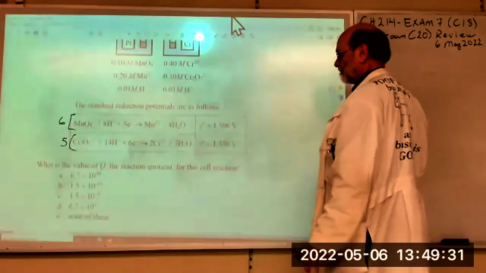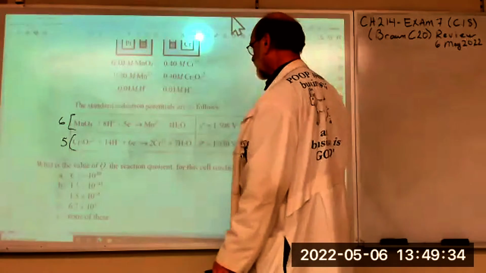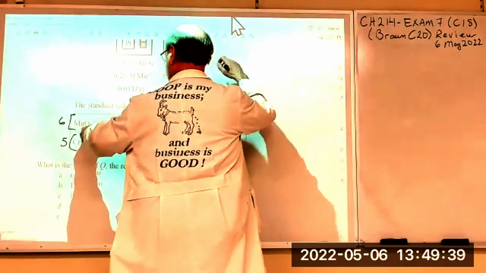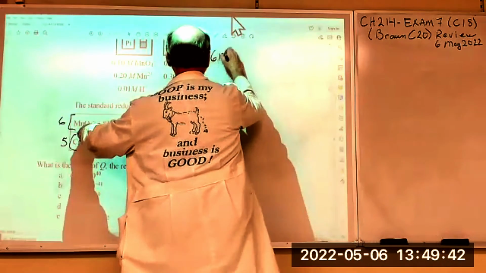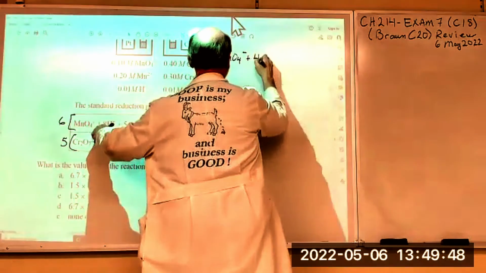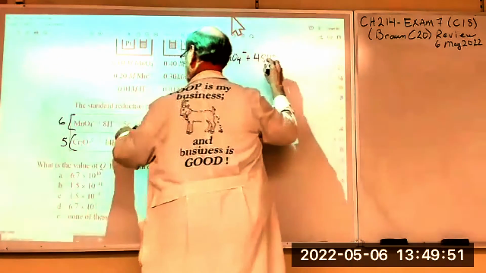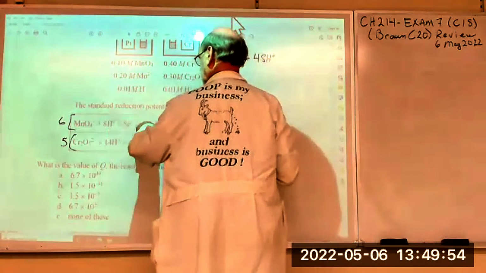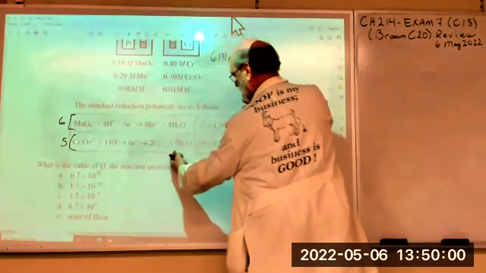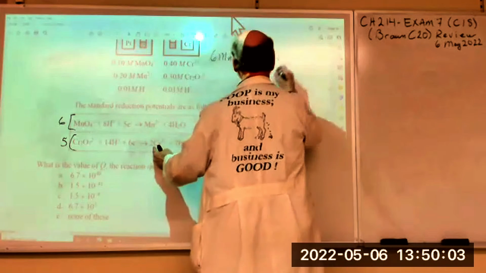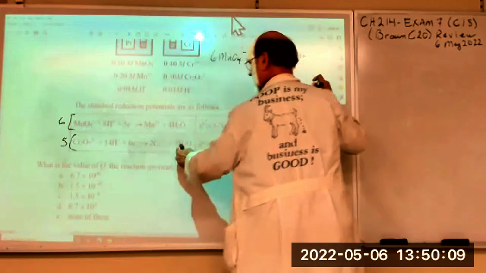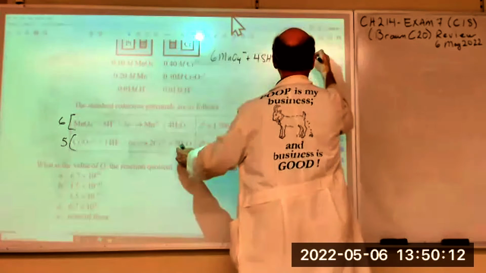So that's going to give us, let's see, let's do this side first. 6 MnO4 minus plus 48 hydrogens. We're balancing electrons, so we don't have to do those. And now along with this one is this side of the equation because we flipped it. So this is 10 Cr3 plus and 35 water.